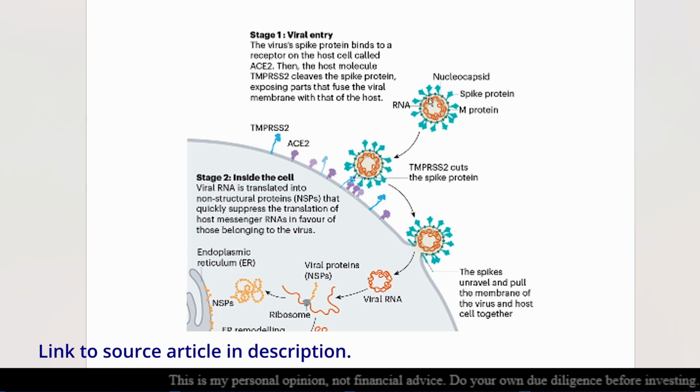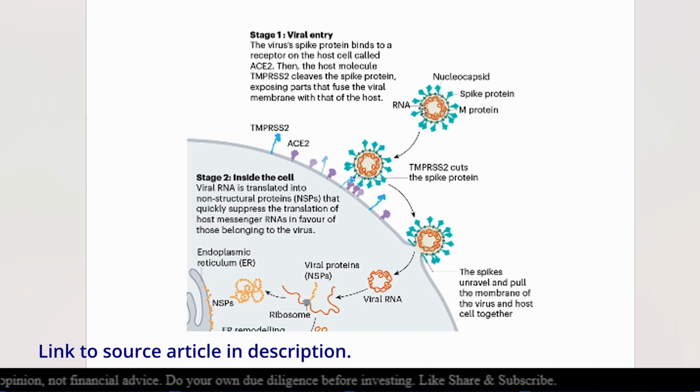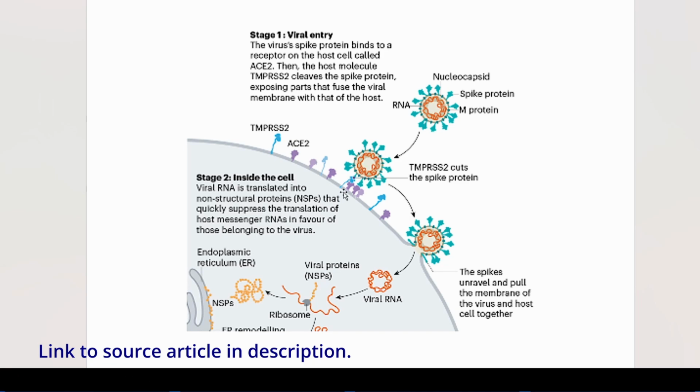And what happens is that when the coronavirus enters the human system, its spike proteins gravitate towards the ACE2 and bind with the ACE2. And once the binding happens, the virus becomes stationary.